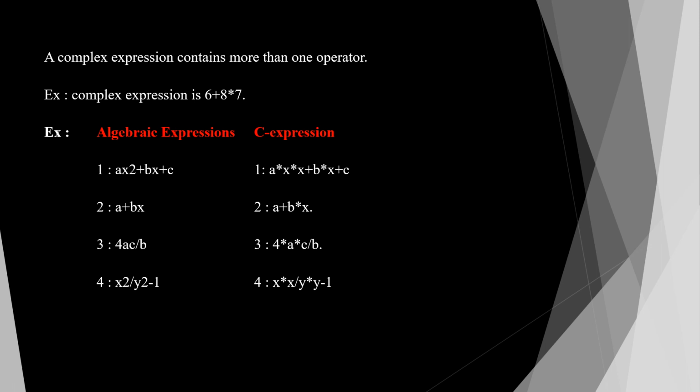The algebraic expression in C expression format is a star x star x, which is ax square, plus b star x plus c. So ax square plus bx plus c in the form of a C expression is a star x star x plus b star x plus c.